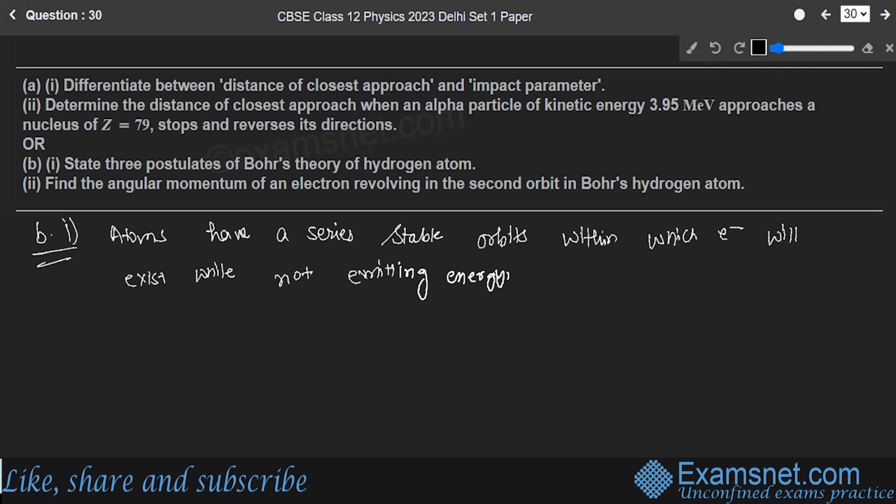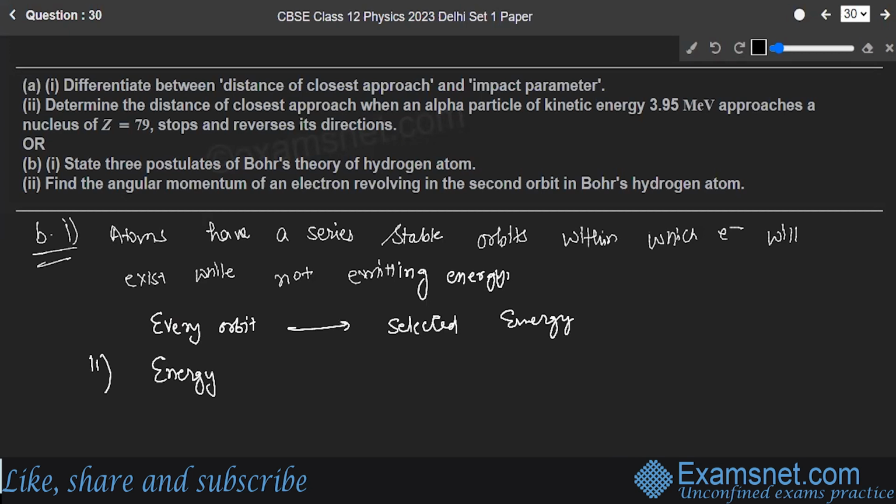Every orbit corresponds to a selected energy.